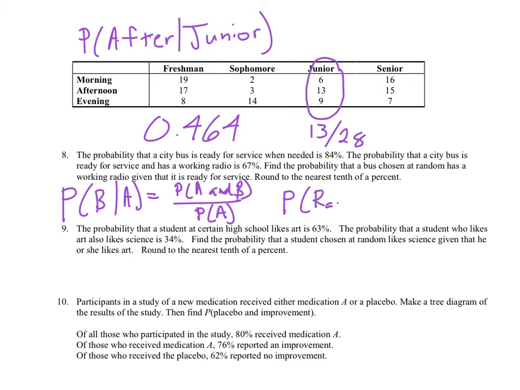So radio that works given that it is ready. And so that gives us an idea of how to set this up. So the two of them together goes over the probability that it is ready.